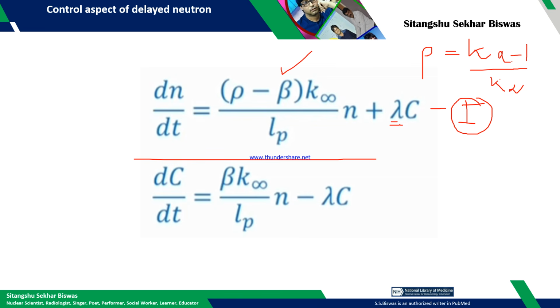So this is the neutron decay factor, and C is the concentration of the delayed neutron precursors.